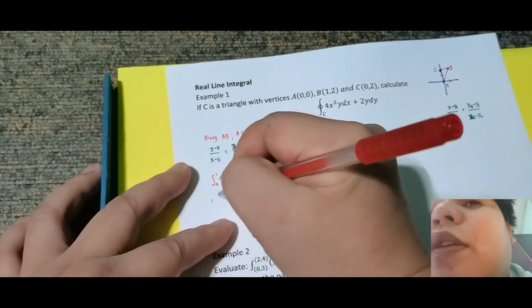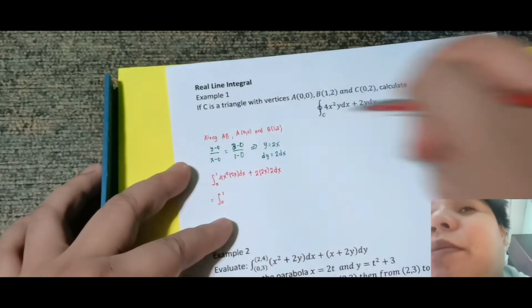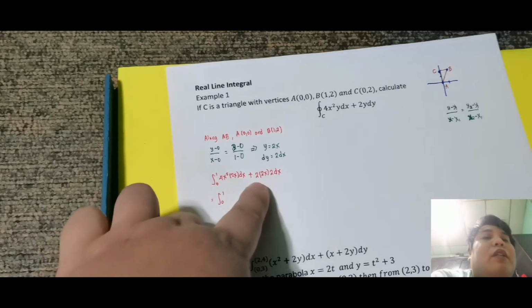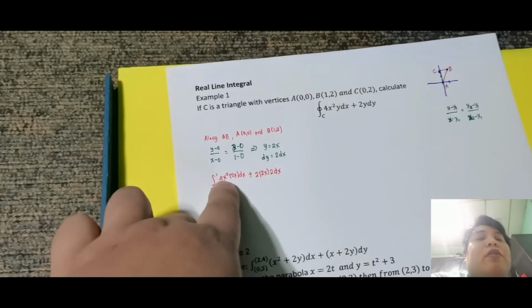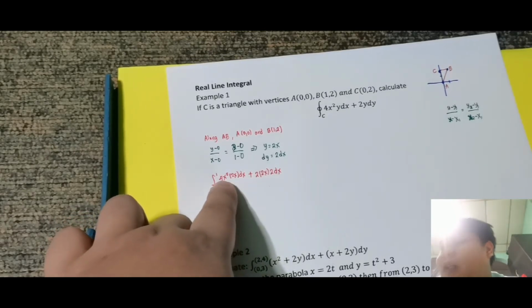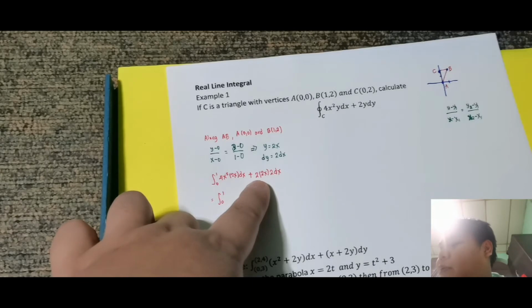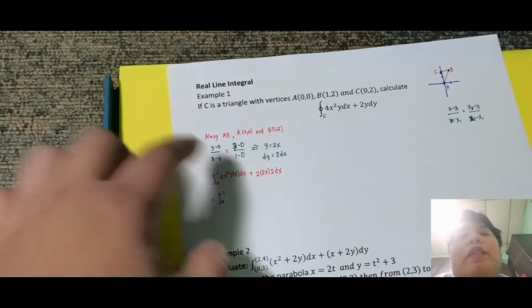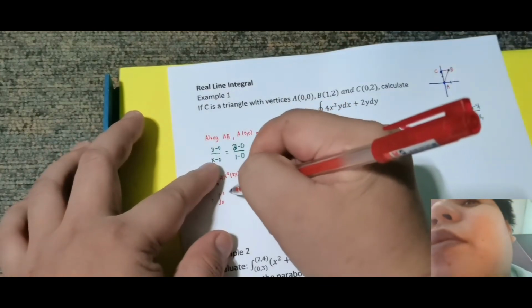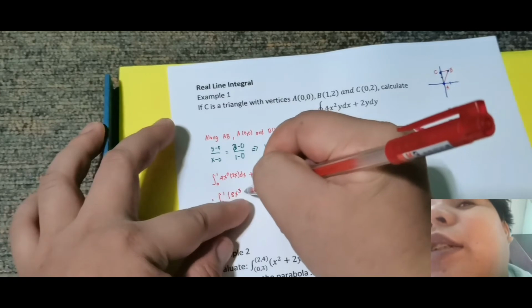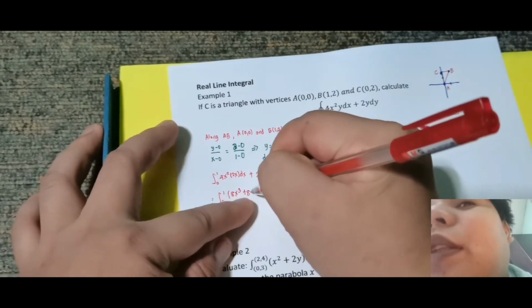So, this is simply equal sa integral ng 0, 1, this is 8x cubed. Tama. And this is also 8x cubed, no? So, this is 8x cubed dx plus 8x.